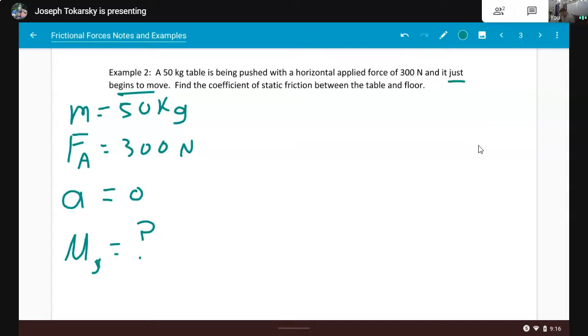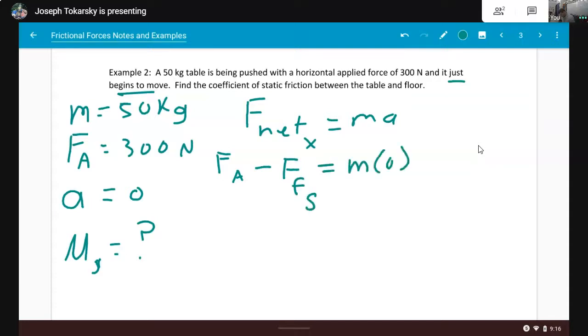it. All right, so I'll reset up the problem from above. Net force on the x-axis equals ma. Applied force minus, using the free body diagram from above, F_f static this time equals m times 0, which again led us to believe these are balanced.